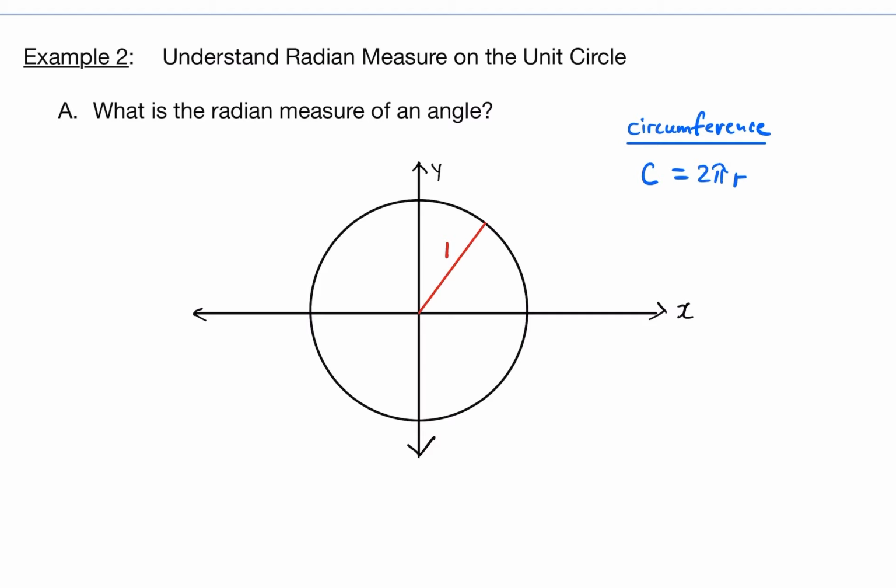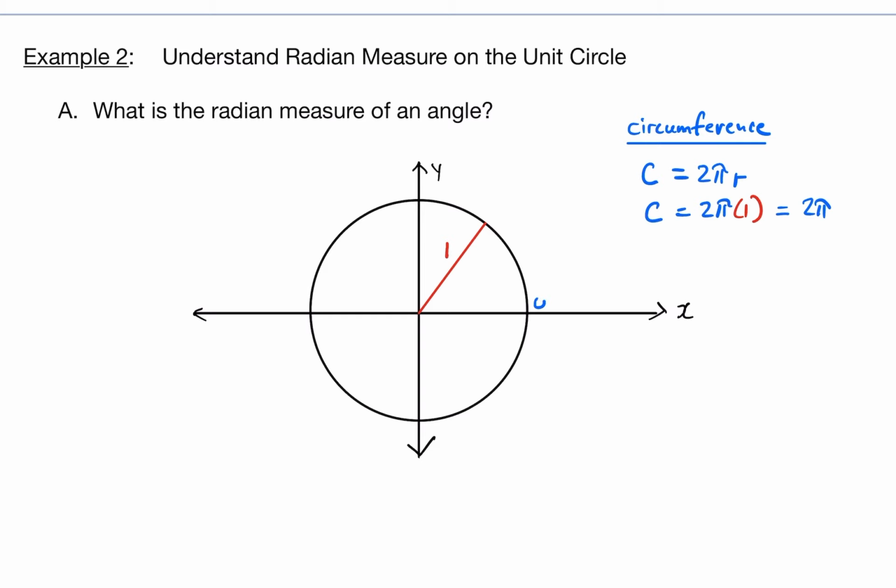So if the radius is 1, then the circumference of the circle is really 2 pi times 1, or 2 pi. Okay, so now what we know from what we just did is that if we were to start over here and we were to go all the way around the circle, that is equivalent to 2 pi, right? Okay, so let's go ahead and label that.